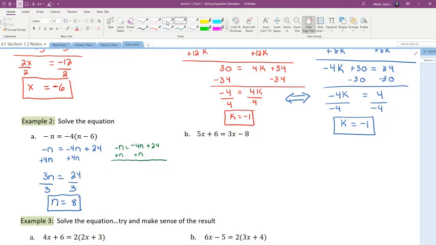But it works as long as you don't start making things up. What is negative n plus n? Some of you are going to say nothing, which is, I guess, sort of true, but what is nothing as a number? It's 0. We still have a 0 over there. We still have an equal sign. Now I have negative 3n plus 24.